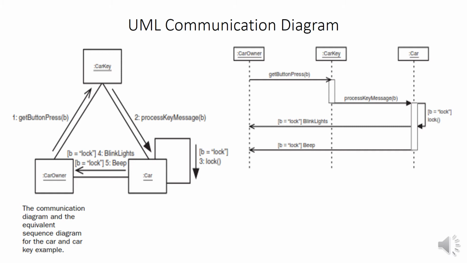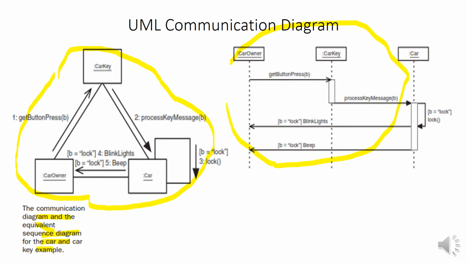So next, in this slide, the communication diagram and the equivalent sequence diagram for the car and car key example are given. This is the collaboration diagram as we have seen in the previous slide, and this is the corresponding sequence diagram of it.